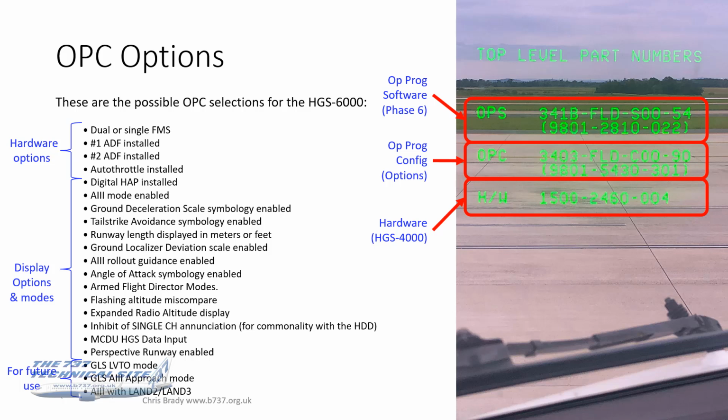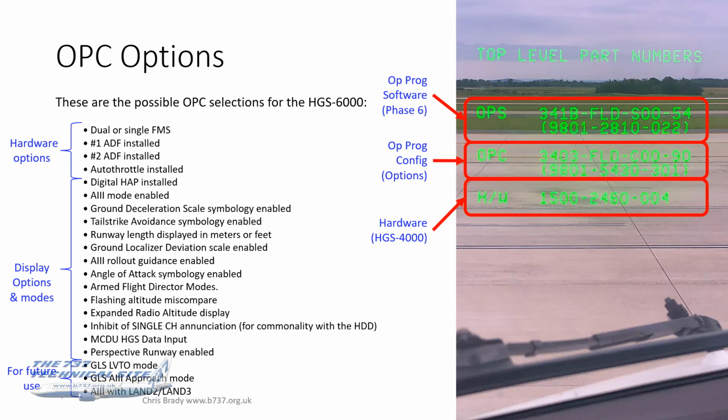Whether you've got a digital HAP or not, whether you've got A3 mode enabled. I can't imagine why people would ever not have it enabled, because that's surely the reason why you have a HUD. But anyway, the option is there. Ground deceleration scale symbology enabled. That would be a nice feature. But again, your airline, your flight ops department would have to pay for that.